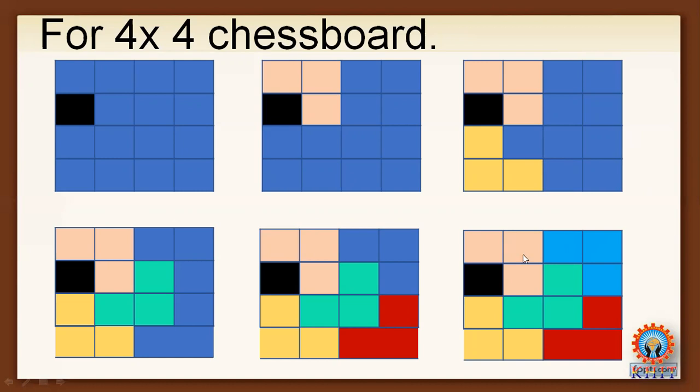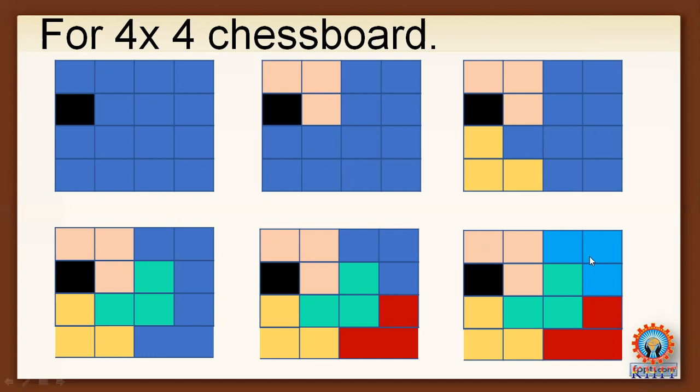Here this is the first L-shape, this is the second, this is the third, this one is fourth, and this one is fifth. Totally 5 L-shaped trominoes can be fitted into the given 4 by 4 chessboard.